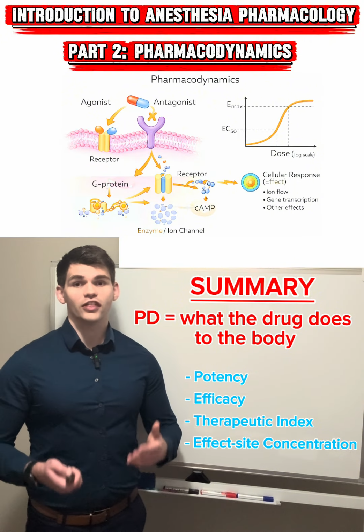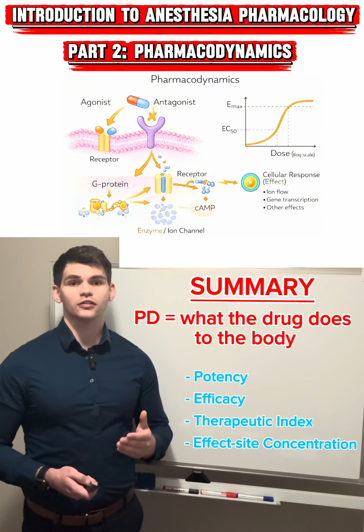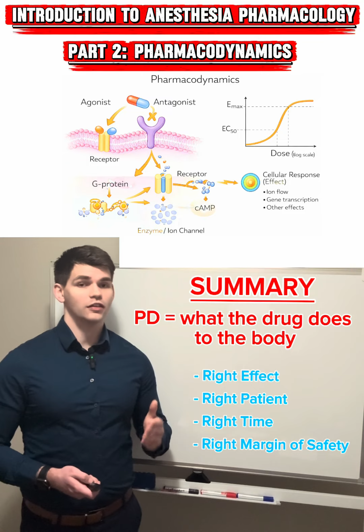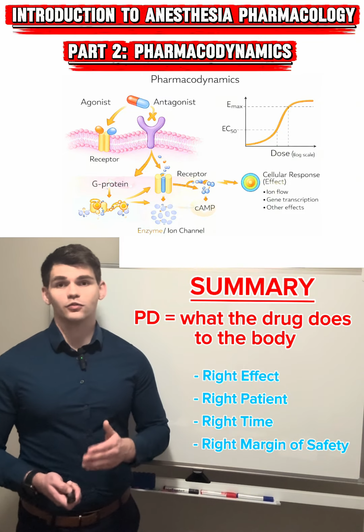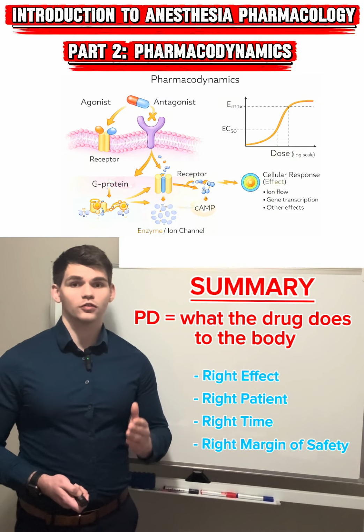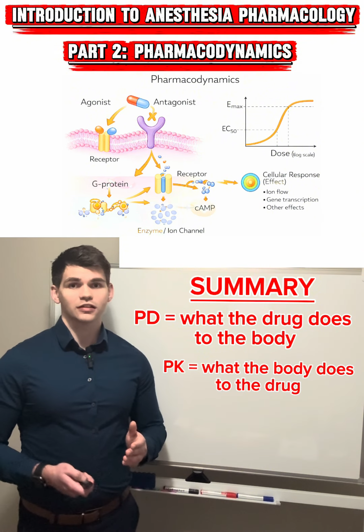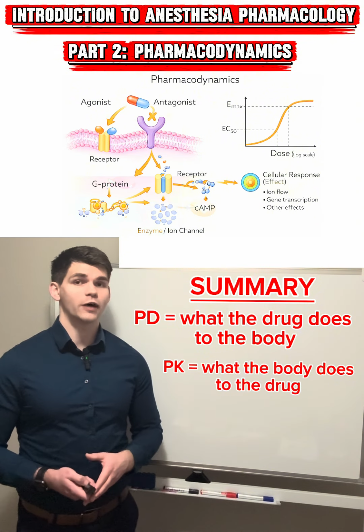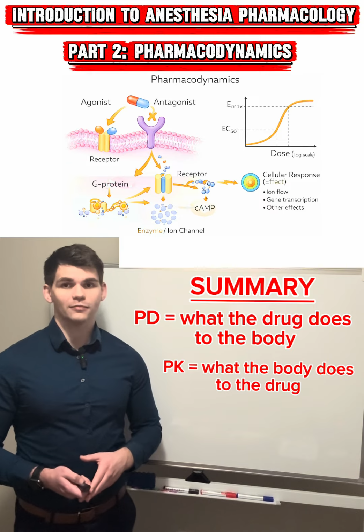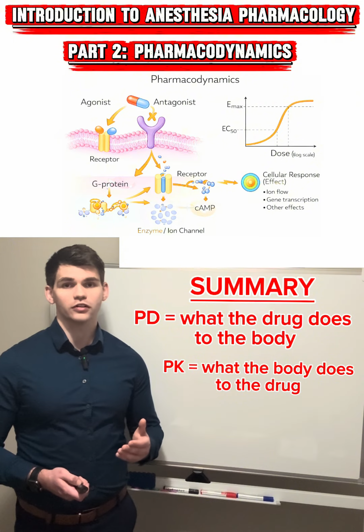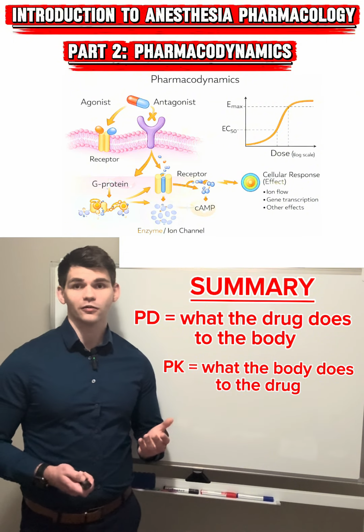In anesthesia, this matters because we are trying to create the right effect in the right patient at the right time and with the right margin of safety. If pharmacokinetics tells us how the drug moves through the body, pharmacodynamics tells us what the drug actually does once it gets to where it needs to go.